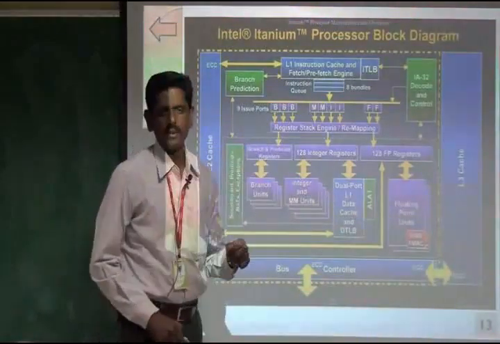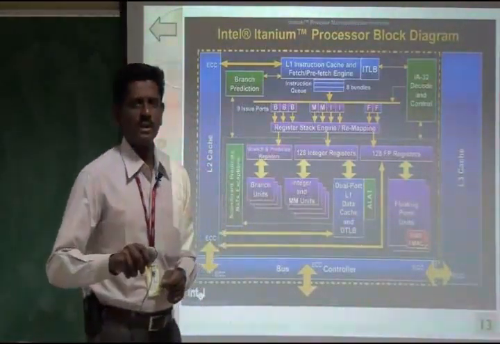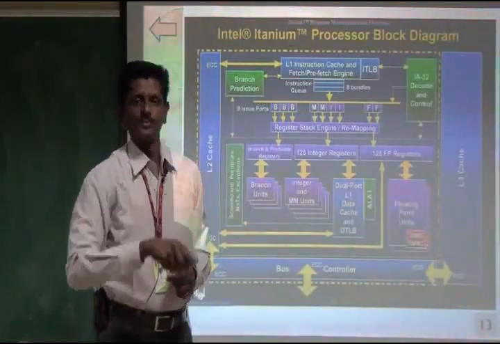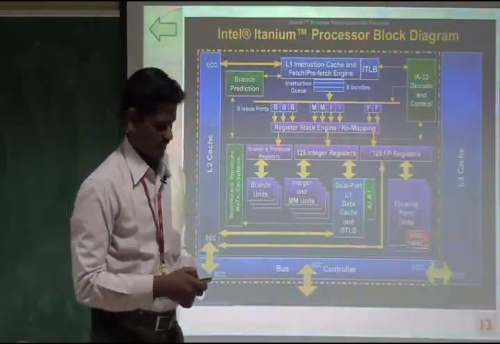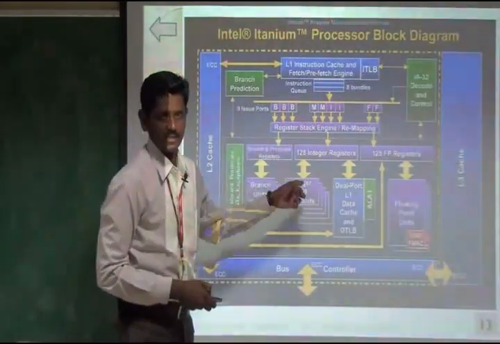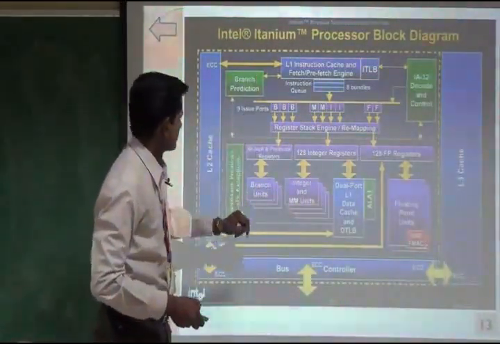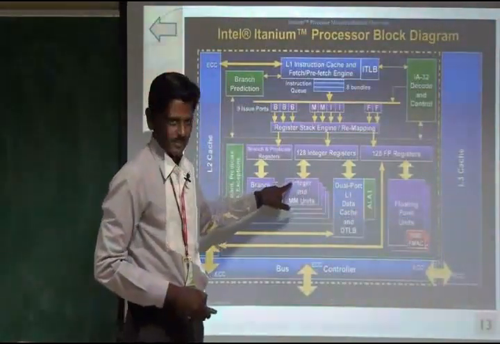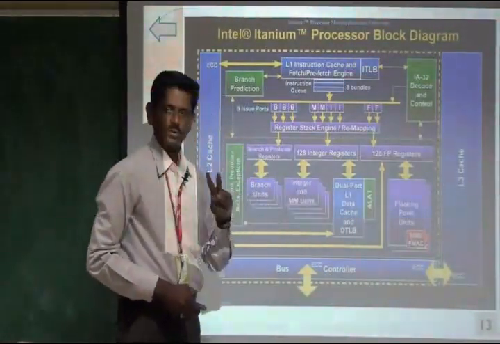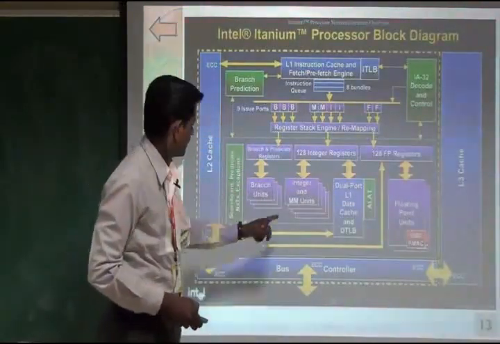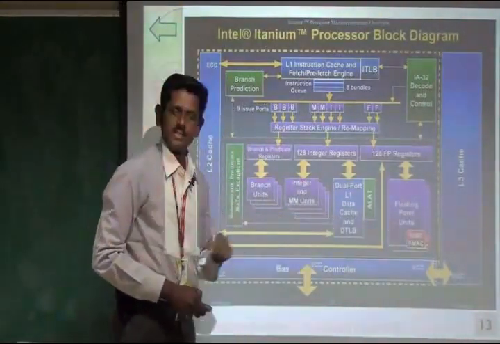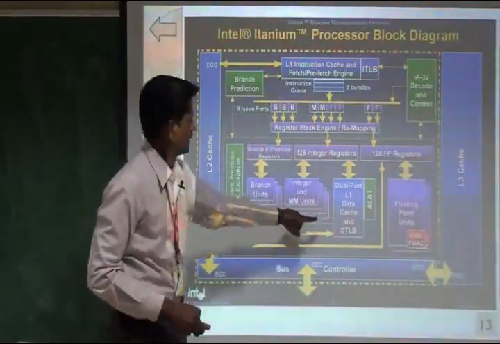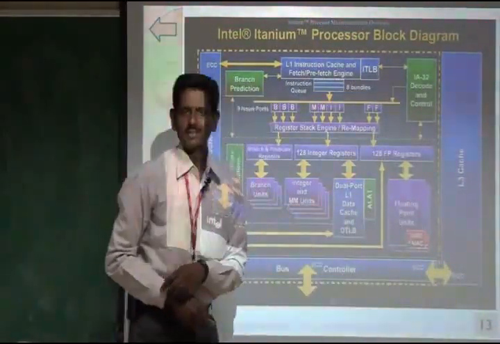Not only for the memory, suppose more than one instruction tries to access the ALU, the arithmetic and logic unit. The solution is here in the Itanium processor. Look at this: 2 integer units, 2 memory units, 3 branch units, and 2 floating point units.